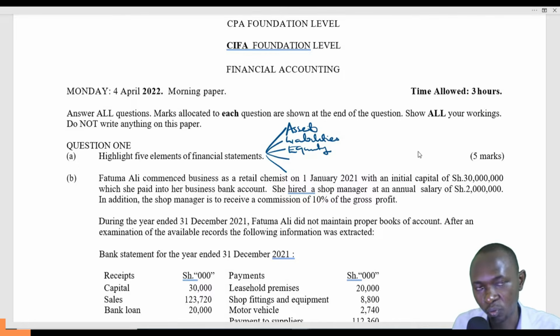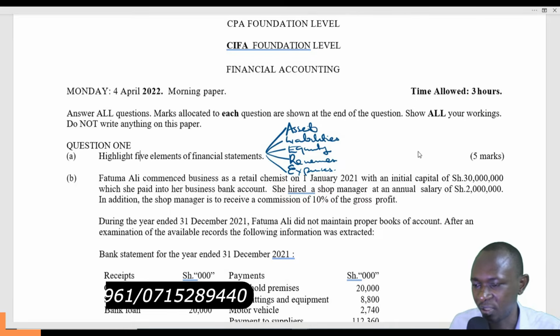Though if you try to summarize this information, equity is part of liability because you owe. The business will be owing some people some money. So we have assets, liability, equity, we have revenues, and we have expenses or costs, whichever the one you will find easier to use.